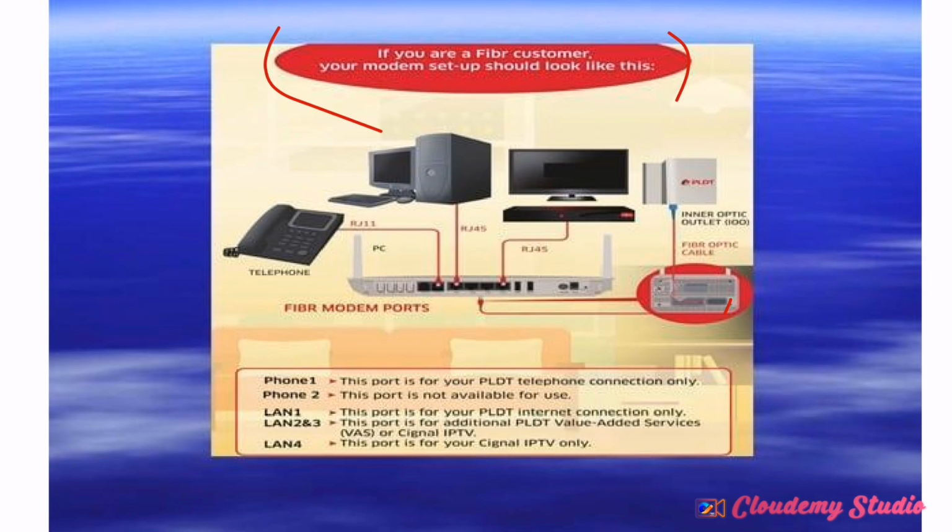As you can see, this is the fiber modem port of this device. One is going to the telephone, this part here, then another one is going to the desktop computer, again another one, until this outlet flow. All this kind of connection is coming from the fiber modem ports.